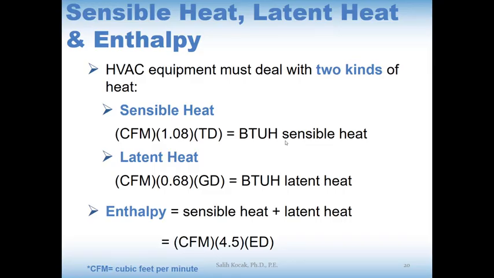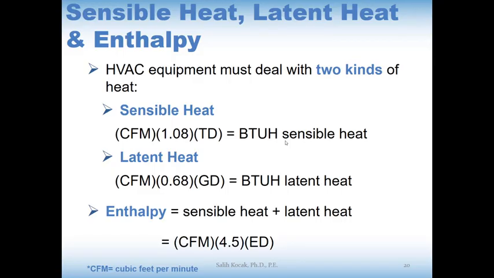And if we are talking about the enthalpy, just calculate sensible heat and the latent heat together and add them up. This is going to give us the enthalpy. Or easily CFM times 4.5 as a multiplier, times ED, the equivalent temperature difference. So by using these equations, we can calculate any type of heat or the enthalpy that is needed.